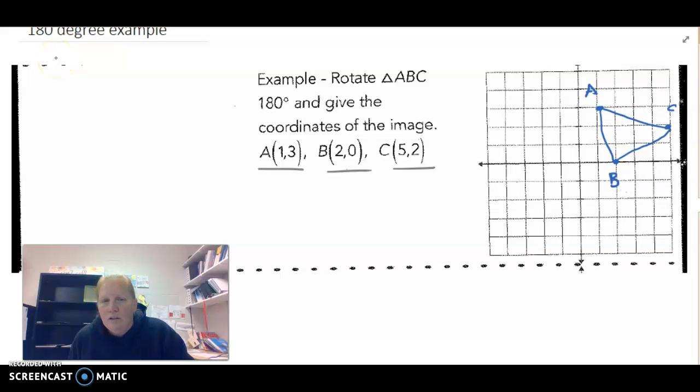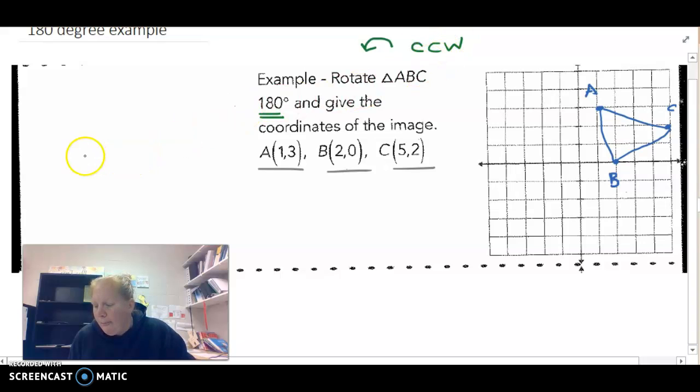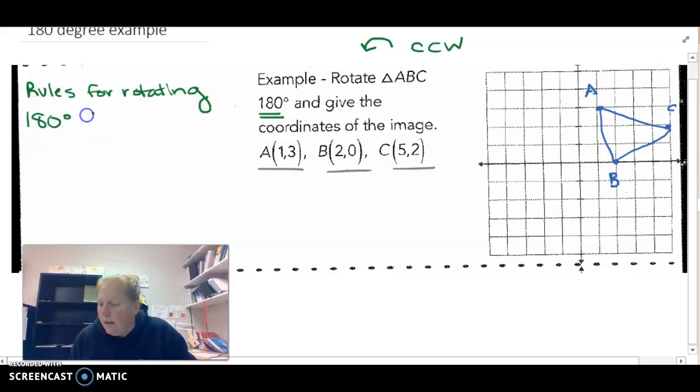All right, let's look at this one. Okay, now this is when we're rotating 180 degrees, so let's find a rule of rotating 180 degrees. Now remember, we're going to go counterclockwise unless it's otherwise noted. So I'm going to write here rules for rotating 180 degrees counterclockwise about the origin.